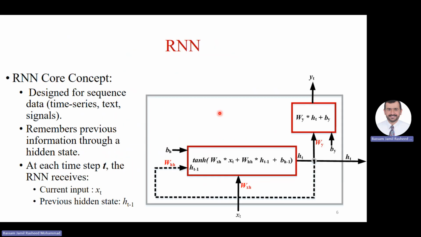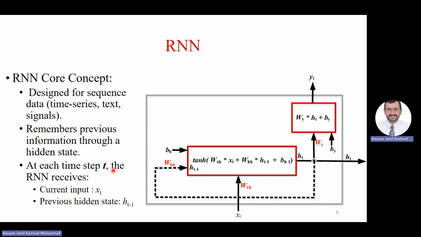Okay, so let's talk about this core concept. The core concept of an RNN is that we introduce step t. Why?